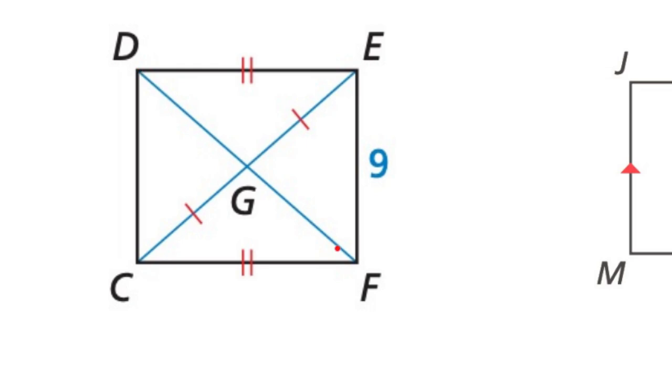Okay, I don't know anything about this diagonal at all. All I know is that I have these opposite sides are congruent. Okay, so if you think about the ones we just did, I don't know if it's a kite. I can't tell if these consecutive sides are the same length. Okay, I can't tell if it's a trapezoid because I don't know if they're parallel or not.